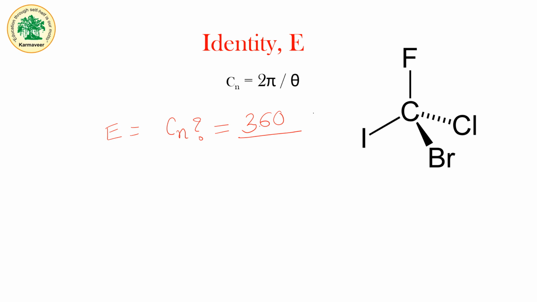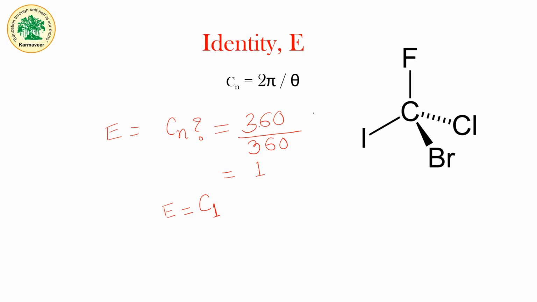So that is 360 divided by 360, it comes out to be 1, and the n value for E will be 1.